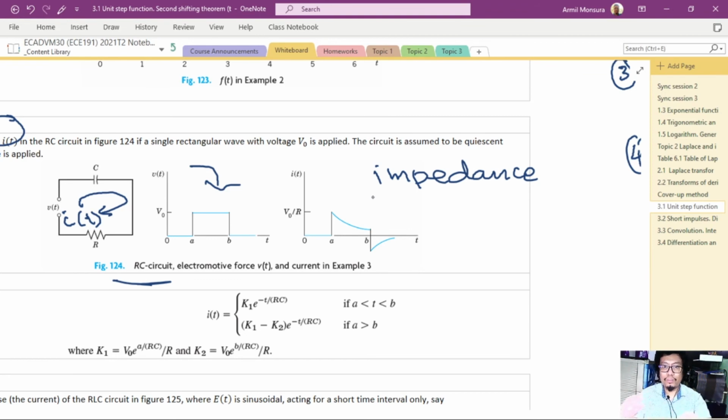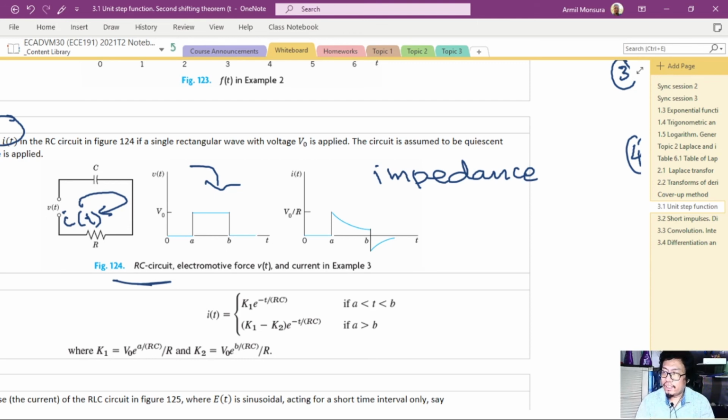That is when you try to describe the ability of your circuit to resist changes in current. When your current is trying to change, your circuit would try to delay that change, would try to slow it down. That is impedance, just to make everything short.